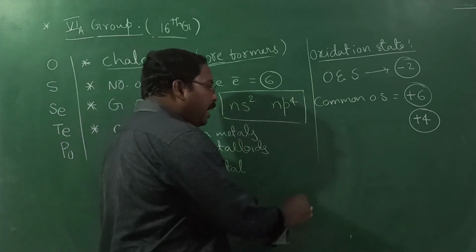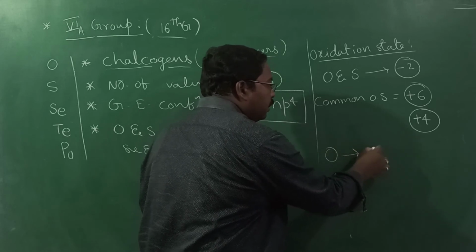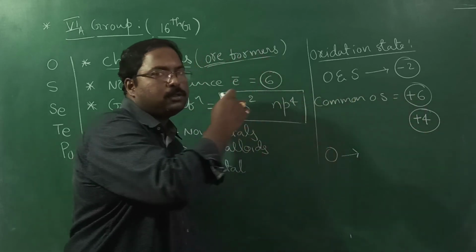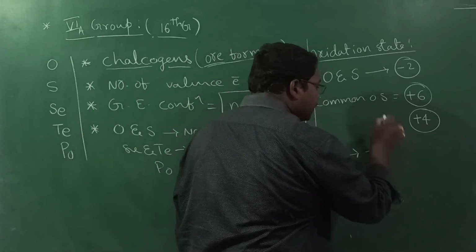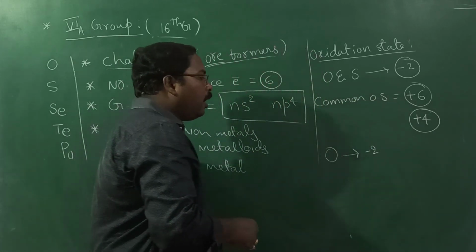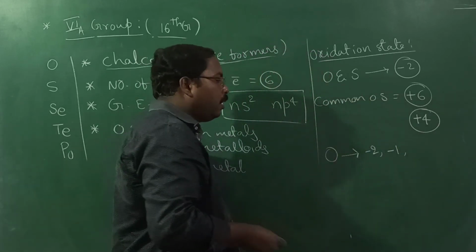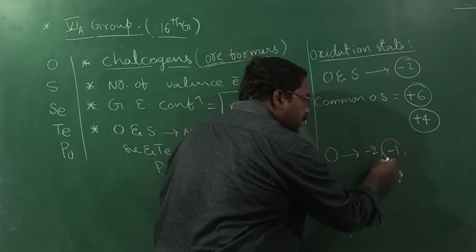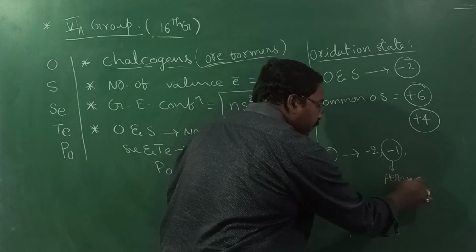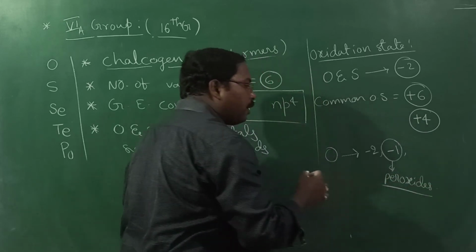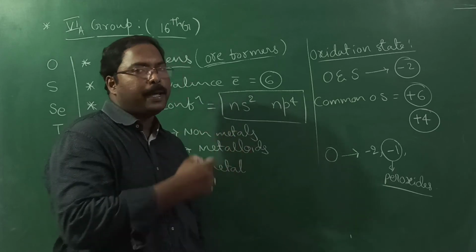But regarding oxygen, we need to know one point. It doesn't show +4. Oxygen exhibits the oxidation state as -2. Along with that, it exhibits -1. We all know oxygen exhibits oxidation state as -1 in the case of peroxides. Oxygen exhibits the oxidation state of -1 only in peroxide.